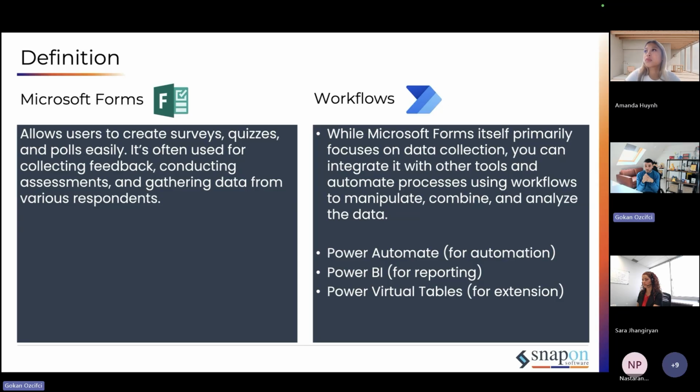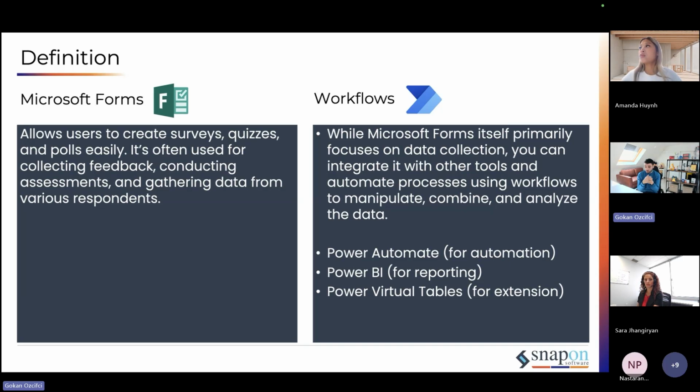information. Collecting information is one thing, but you also need a way to automate that collected information, right? You have that info somewhere, maybe in a Dataverse, maybe in an Excel spreadsheet, maybe in a SharePoint list. I don't know, many ways to collect data. But then you need the tools to automate that.